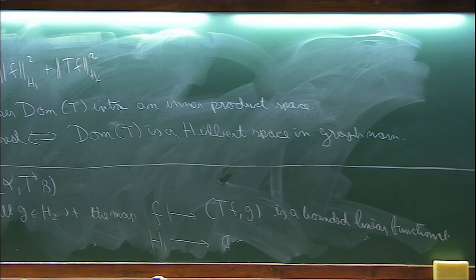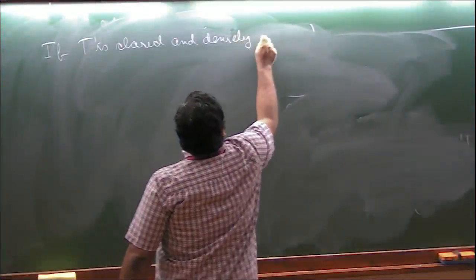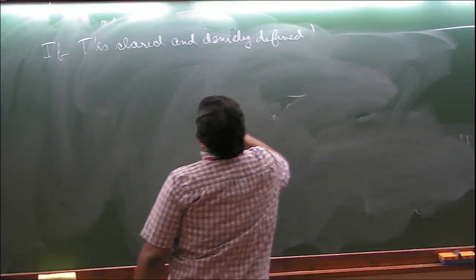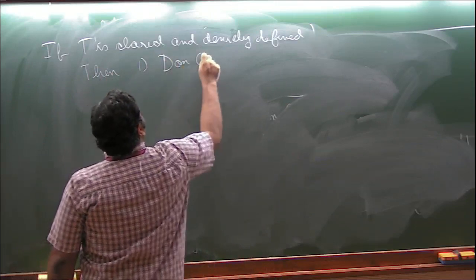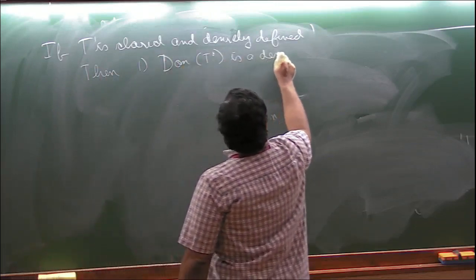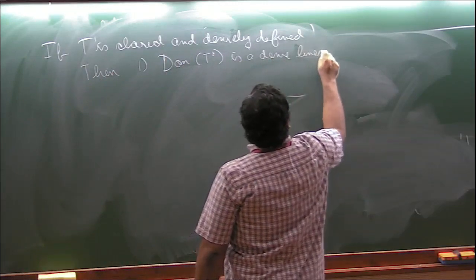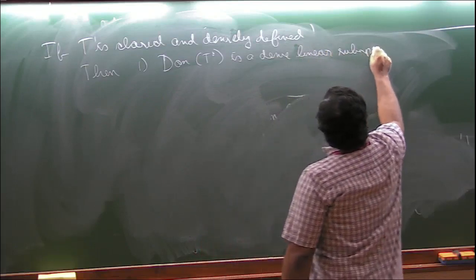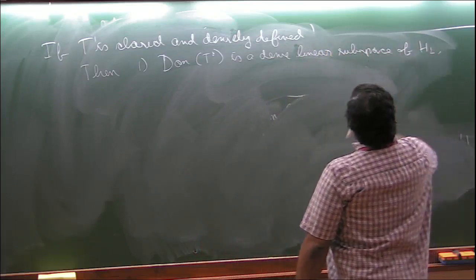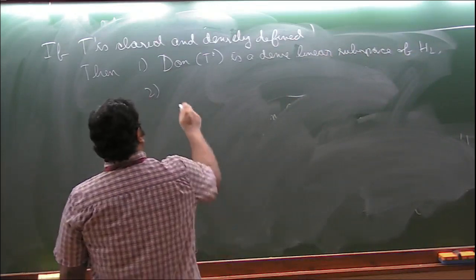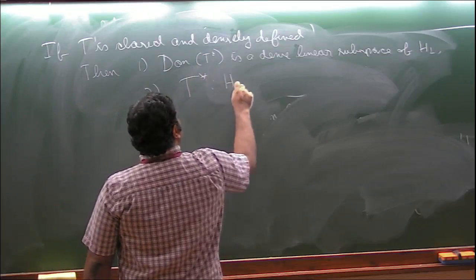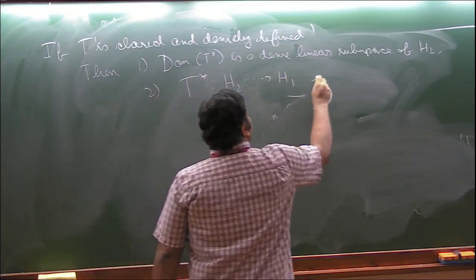So if T is closed and densely defined, then number one, domain of T star is a dense linear subspace of H2. Number two, T star, which is a mapping from H2 to H1, is closed.